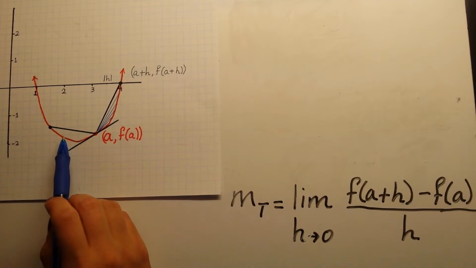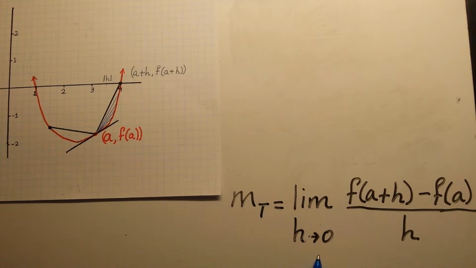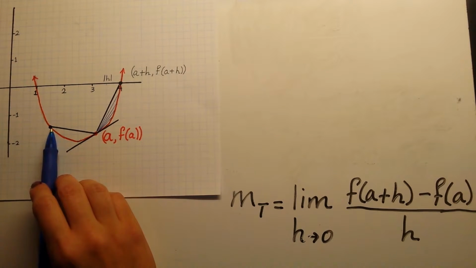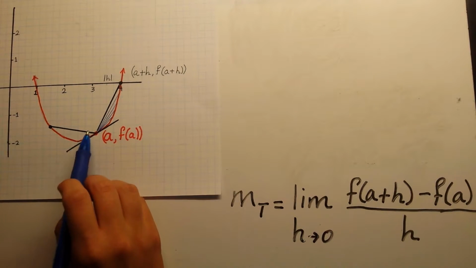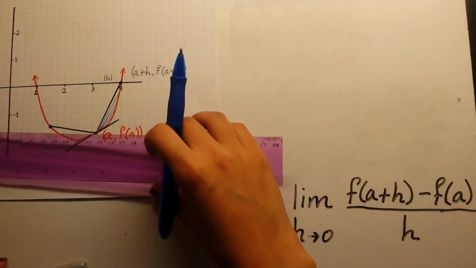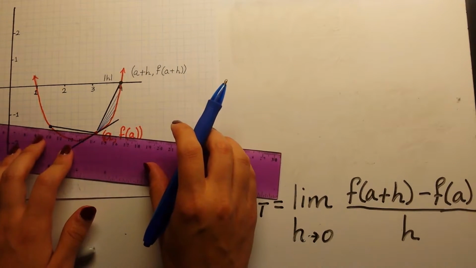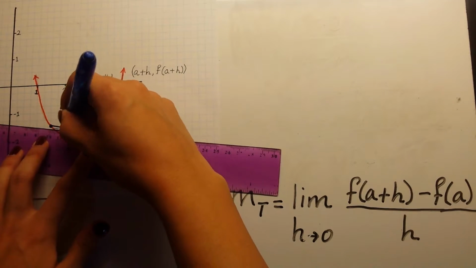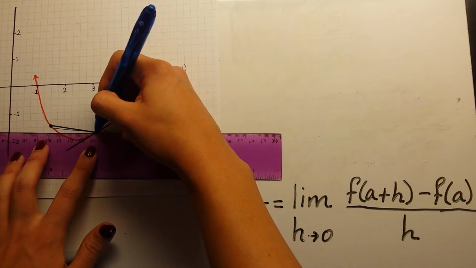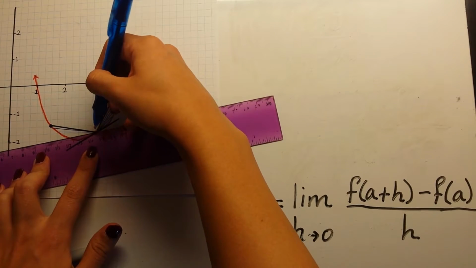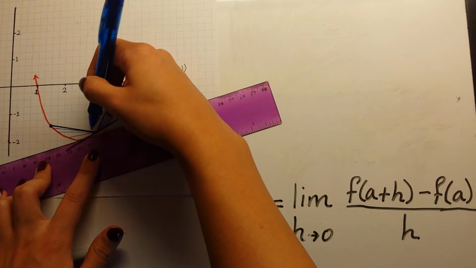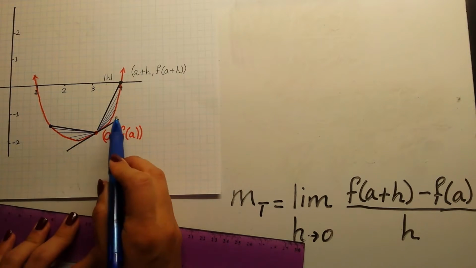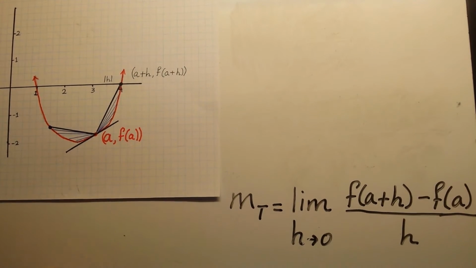And as h approaches 0, this secant line is going to approach the tangent line, just as it did with the other point. So h approaching 0, the x value decreasing, and you can see it is approaching my tangent line.